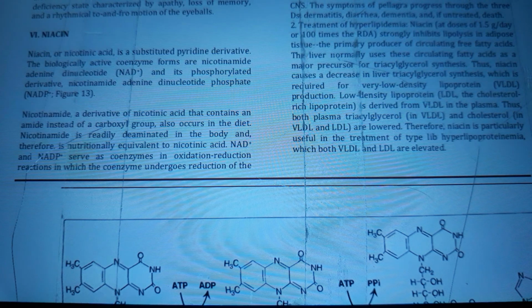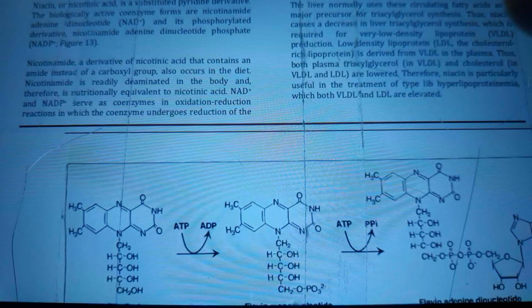Thus, niacin causes a decrease in liver triacylglycerol synthesis, which is required for very low density lipoprotein, VLDL, production. Low density lipoprotein, LDL, the cholesterol-rich protein, is derived from VLDL in the plasma. Thus, both the plasma triacylglycerol in VLDL and cholesterol in VLDL and LDL are lower.